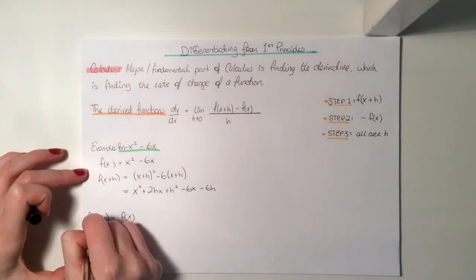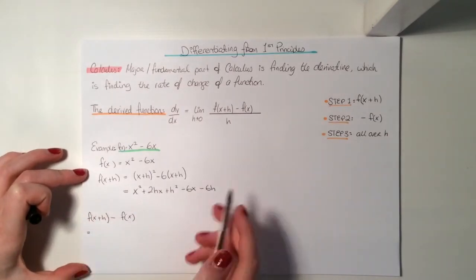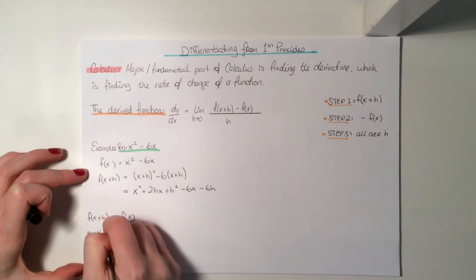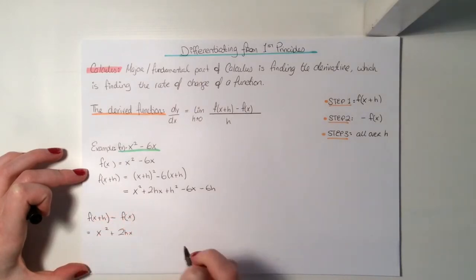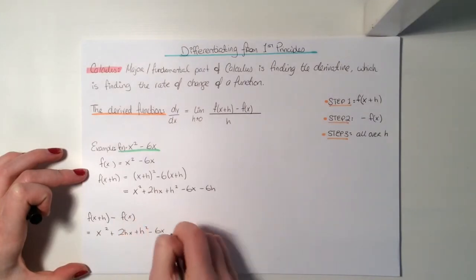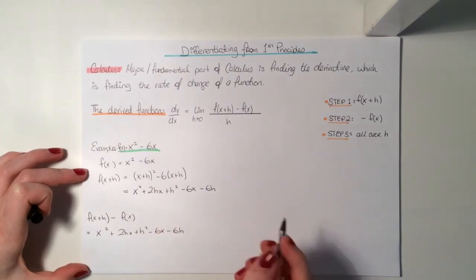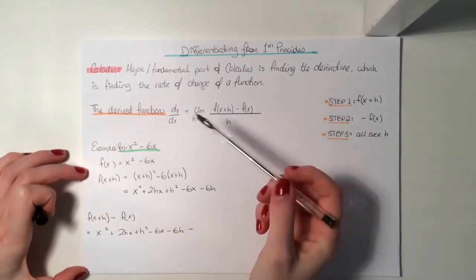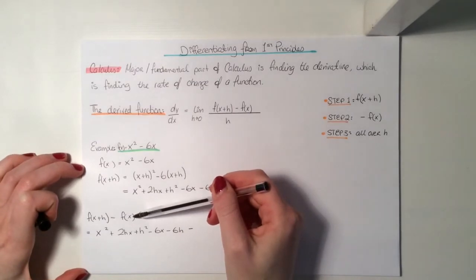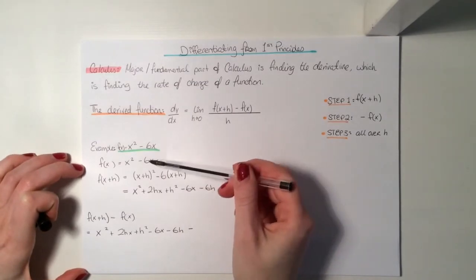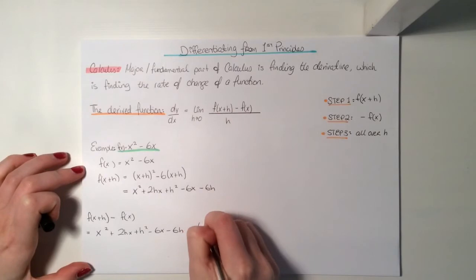I'm going to rewrite this out now: x squared plus 2hx plus h squared minus 6x minus 6h, minus f of x. So minus your f of x. Again, I apply brackets here.